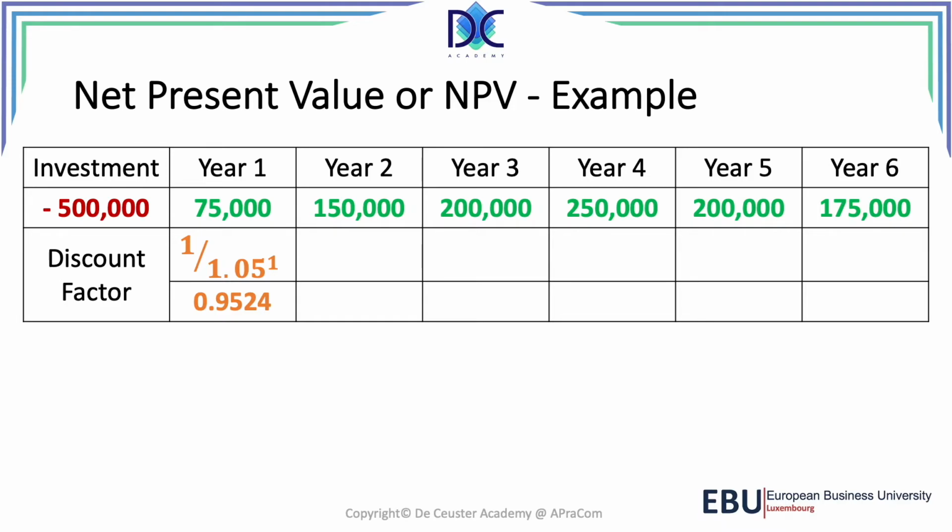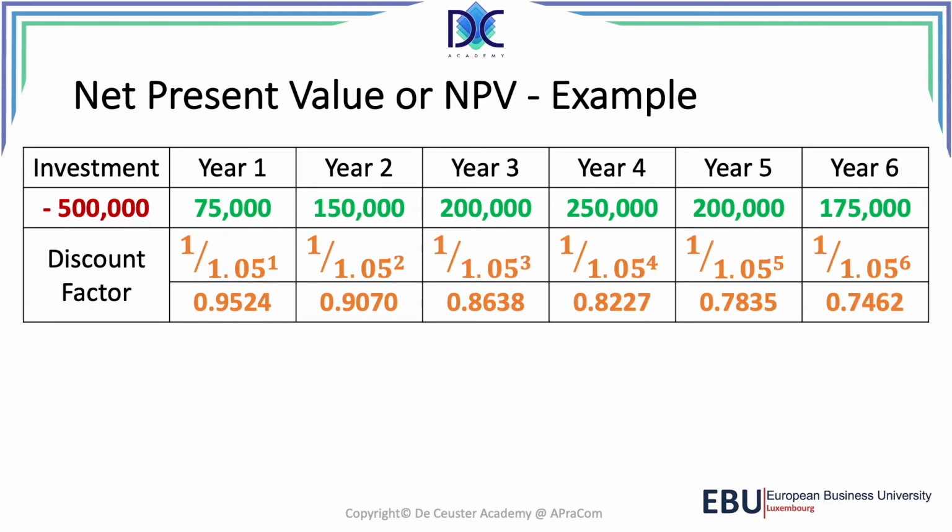We do the same thing for the 150,000. Here we find 1 divided by 1.05 to the power 2, which is equal to 0.9070. And we do the same thing for year 3. We have 1 divided by 1.05 to the power 3. And in the last one, we find 1 divided by 1.05 to the power 6.